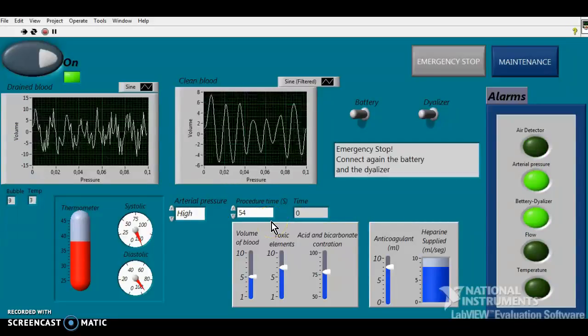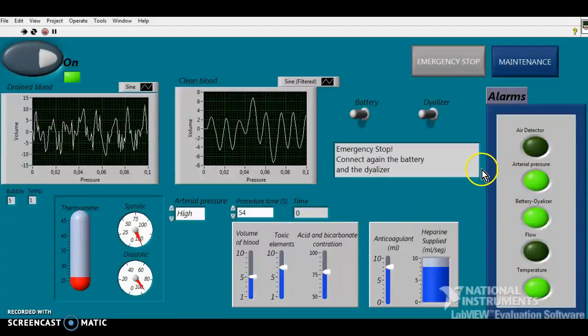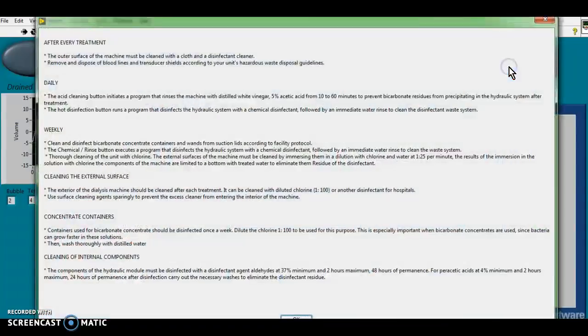And finally we can see the maintenance. It's important to clean the external surface.